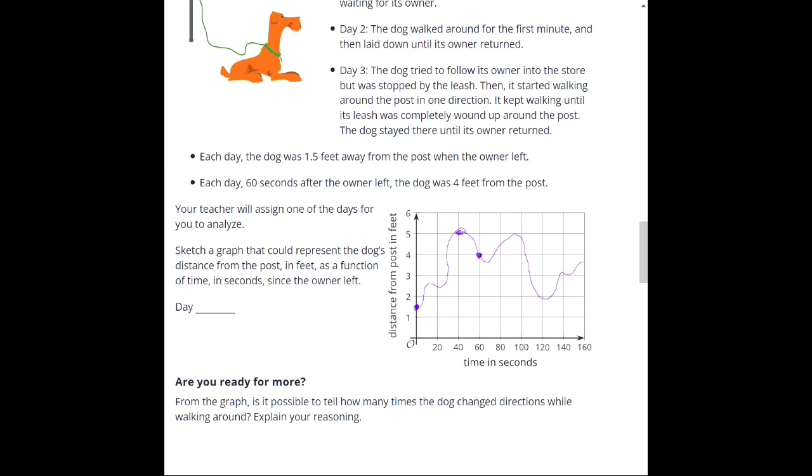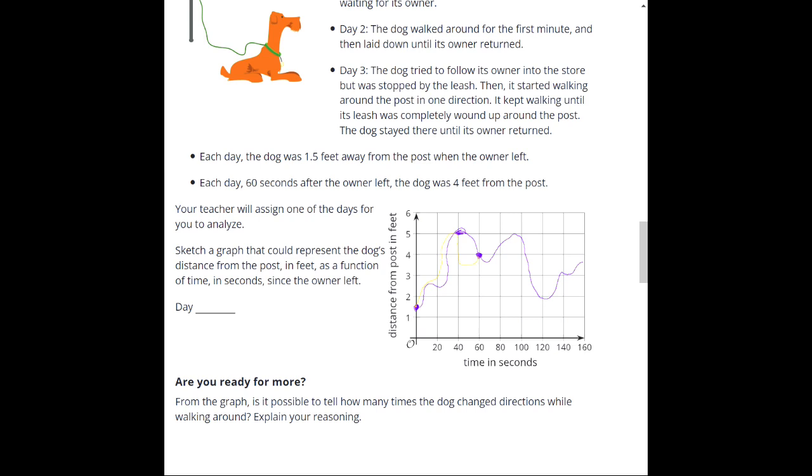For day two, we still have the same constraints, but now we also have the dog walked around for the first minute and then laid down until its owner returned. So for this one, the dog walked around for the first minute and then laid down until its owner returned. So we're still here. Now, again, the dog is just walking around for the first minute, and then we can bring it down to here.